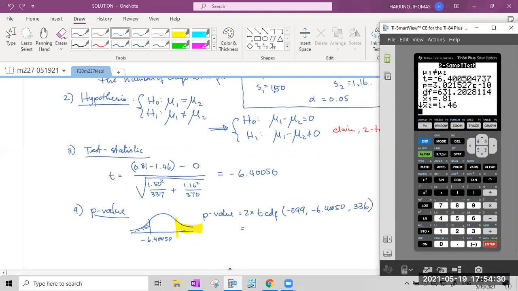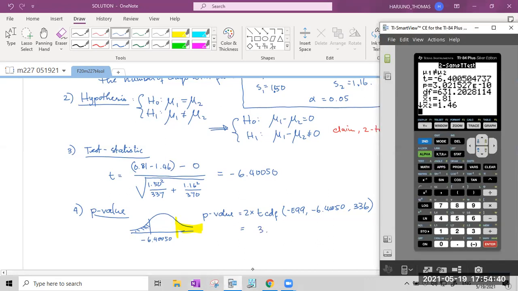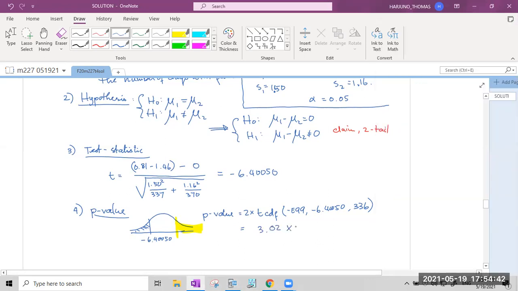So according to this, I will have a p-value of 3 point something times 10 to the negative 10. That's effectively 0. That's the p-value times 2. Forgot to multiply by 2.